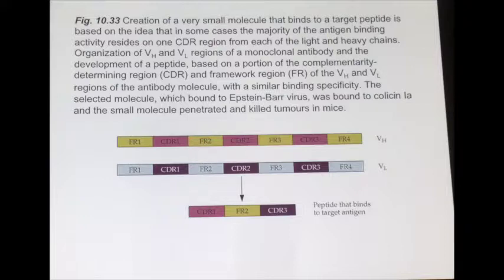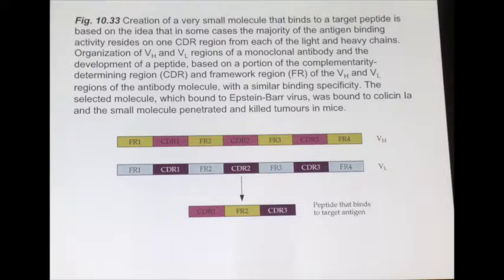And so they modeled this, and they made from this Fv fragment a number of derivatives, and one of the derivatives is shown here. I've only shown you the one that really worked well, and that is there's CDR1 from the heavy chain, framework region 2 from the heavy chain, and CDR3 from the light chain.